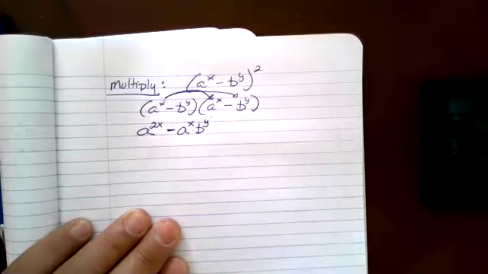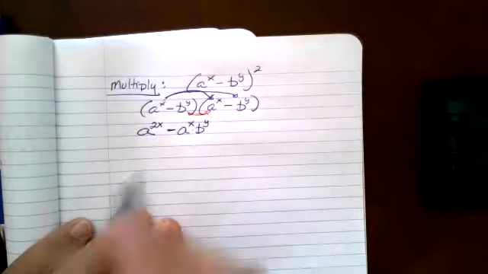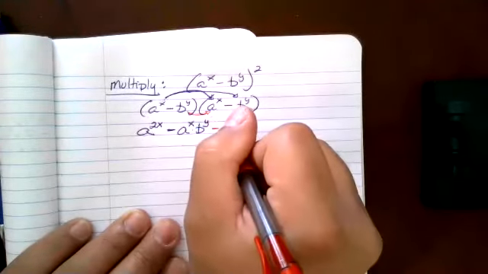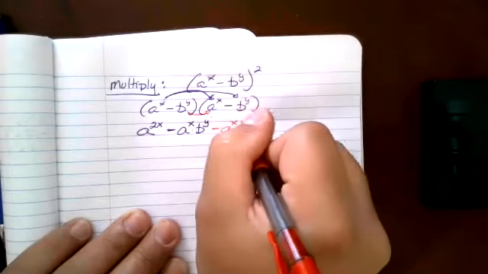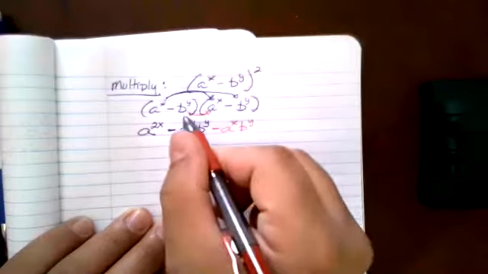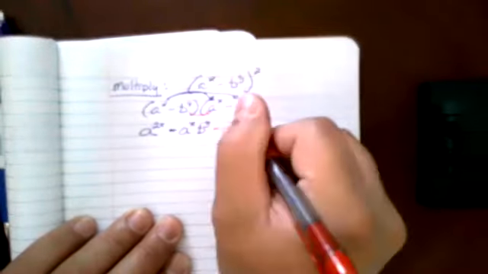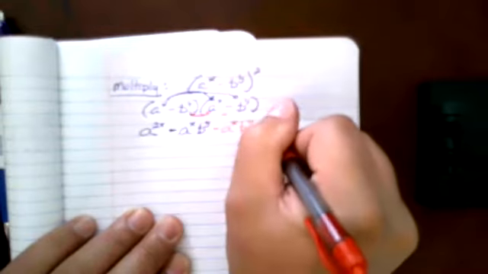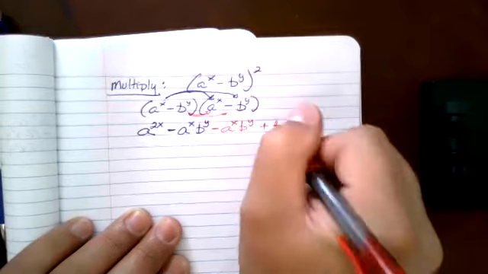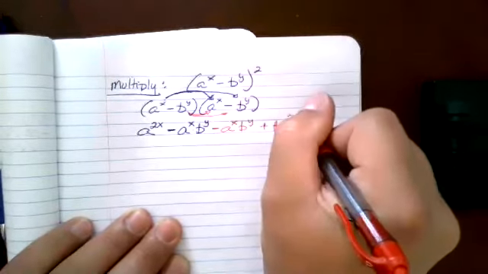Similarly, I distribute this term, and it's the same thing. I have a negative times a positive, so it's negative. A to the x, b to the y. You always write your terms alphabetically, even though this is b and a. We write a, b. And then a negative times a negative gives me a positive b. I keep my base, I add my exponents to the 2y.